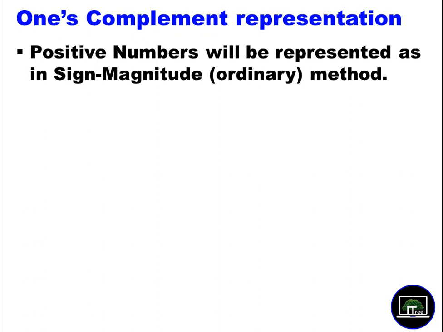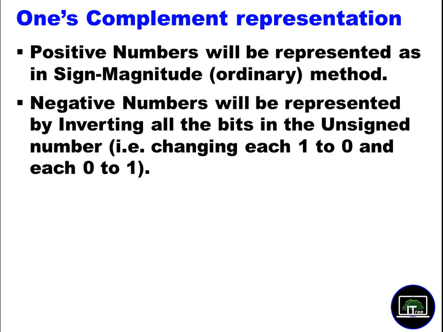The first bit we reserve for the sign, it's always 0. Then we write the rest of the number. But for negative numbers, we use a little bit of mathematical method. How do you represent negative numbers in 1's complement? We invert all the bits in the unsigned number. So we are changing 1's to 0's and 0's to 1's.